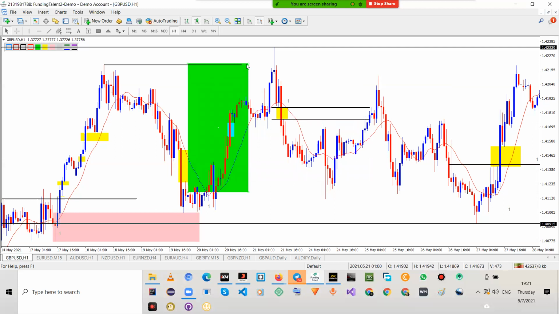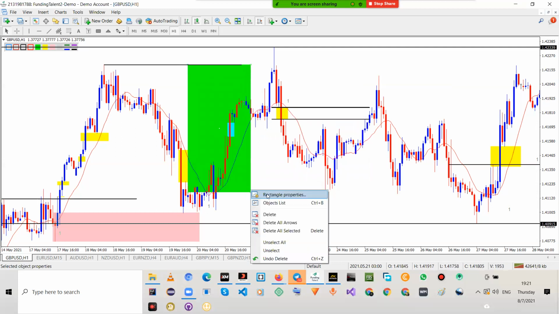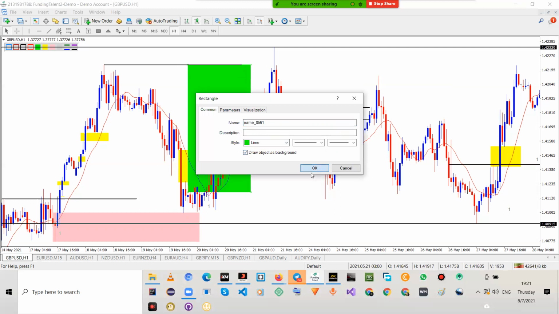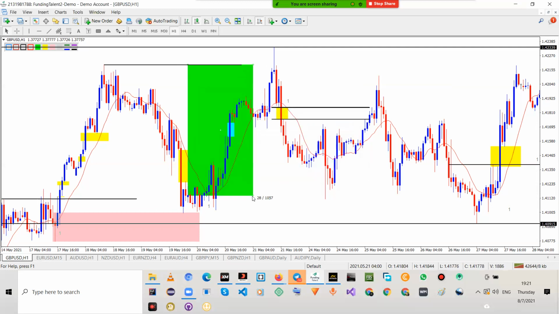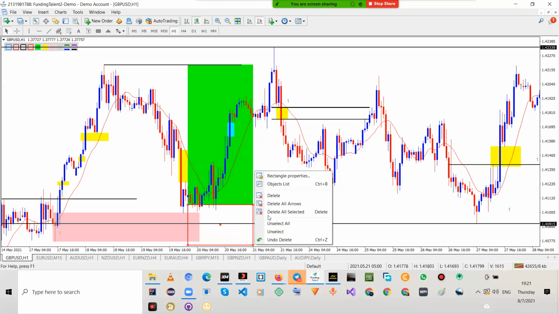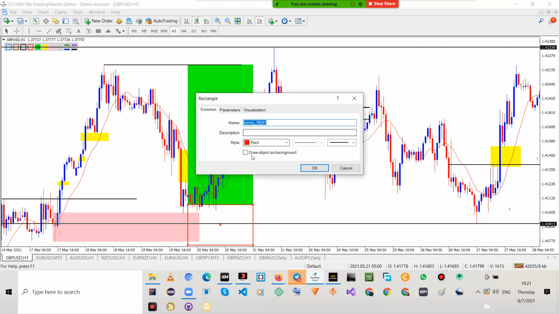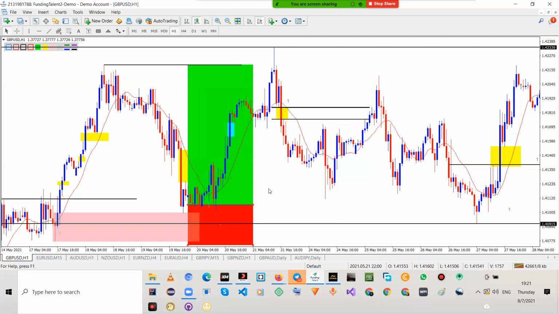The entry will be right here from this area. Then our stop loss is going to be right below the order block, so that no matter what happens, price doesn't get to it.